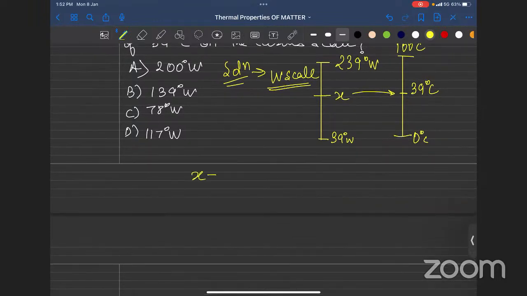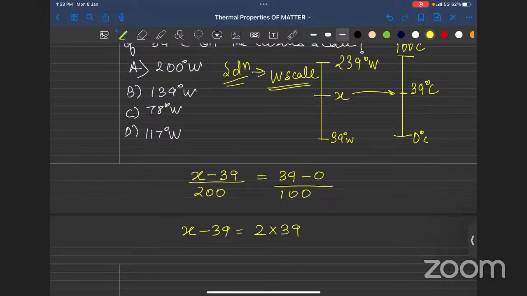Random X minus 39 upon 200 is equal to 39 minus 0 upon 100. So X minus 39 equals 2 into 39, X is equal to 78 plus 39, which is 117 degree W.